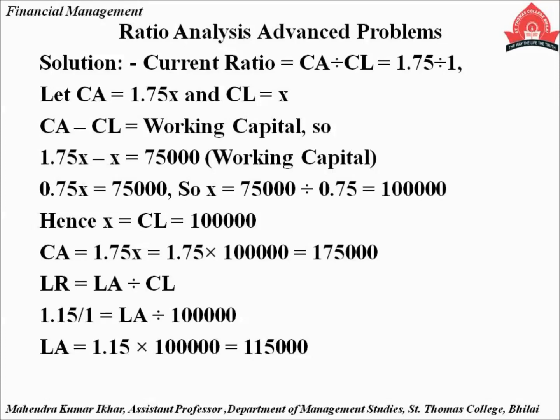Now liquid ratio equals liquid assets upon current liabilities. So 1.15 divided by 1 equals liquid assets divided by rupees 1 lakh. And finally we get liquid assets equals 1.15 into 1 lakh equals 1,15,000.